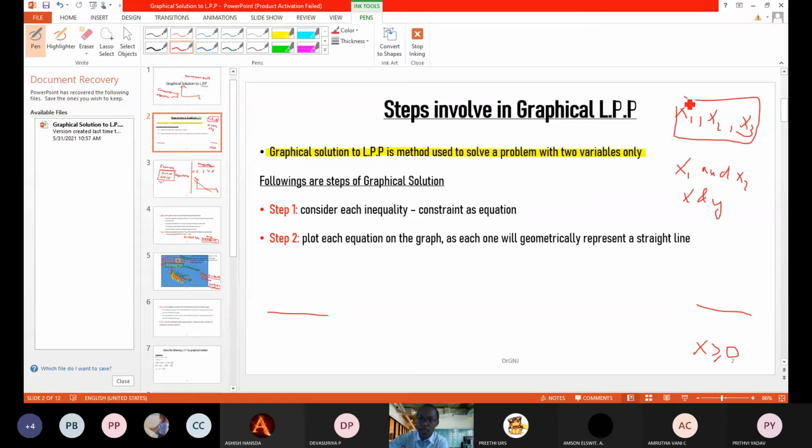It is not applicable. For these two variables which we have here, it's applicable. With more than 2 variables, you cannot use the graphical method.